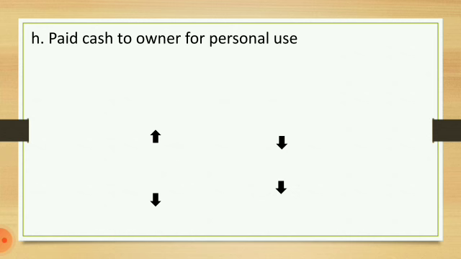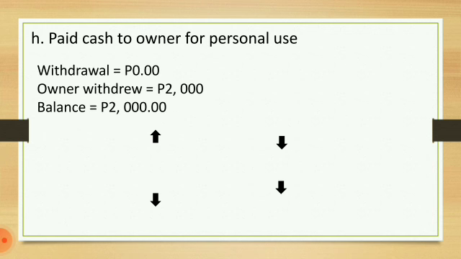Now, lastly, paid cash to owner for personal use. So it means that the owner withdrew money from the account or from the business. So let us say the owner has not made any withdrawals yet. So that's 0.